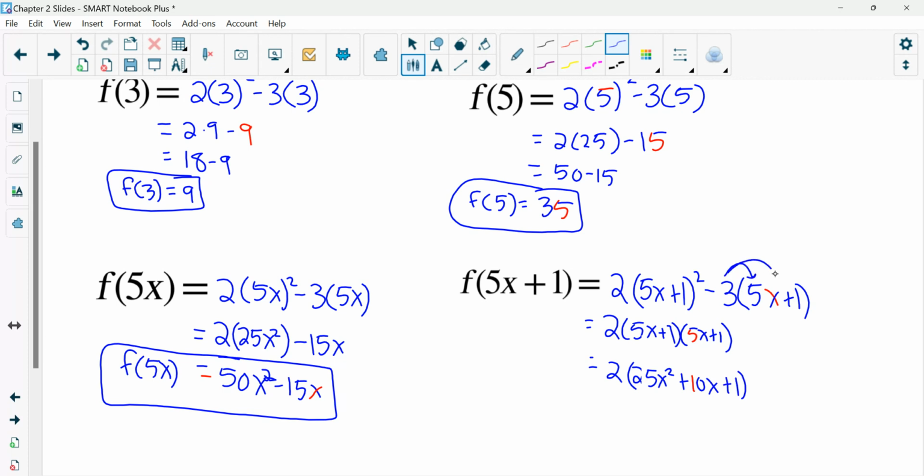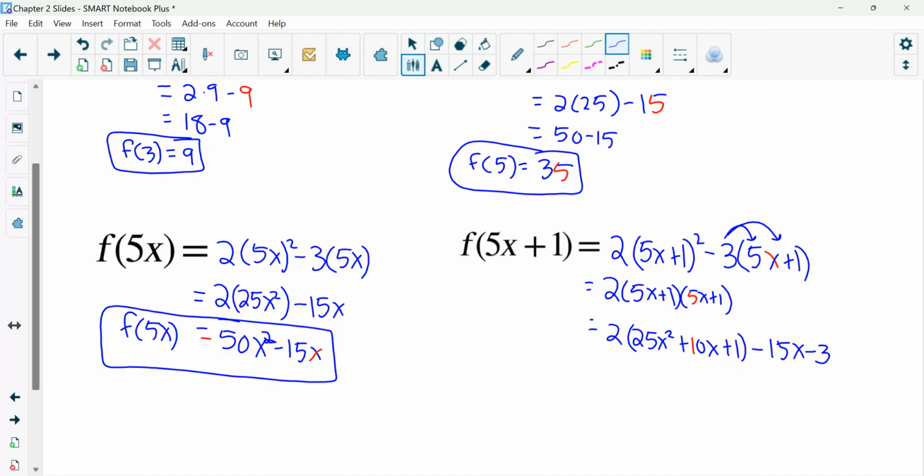I'm also going to distribute that negative 3. I get negative 15x minus 3. I'm going to have to distribute the 2 here. So I get 50x squared plus 20x plus 2.